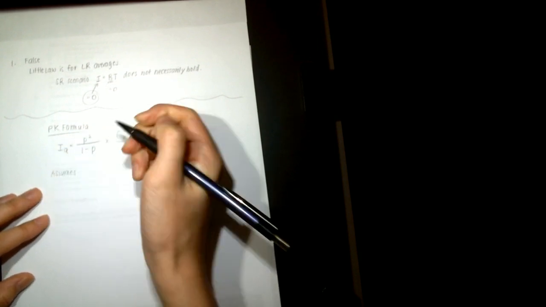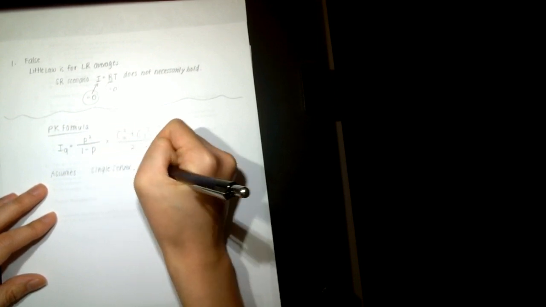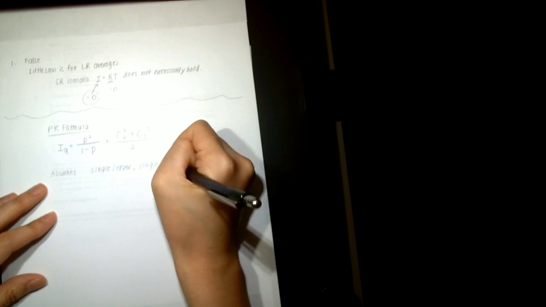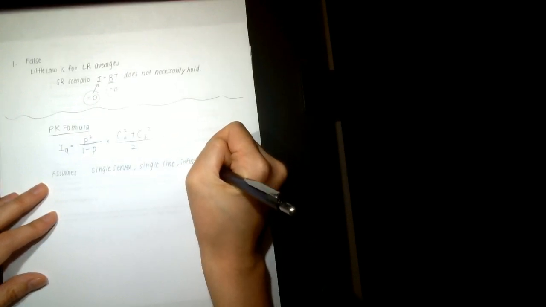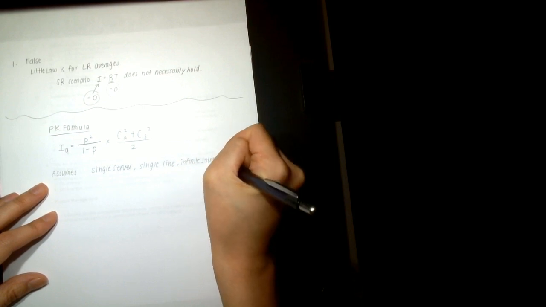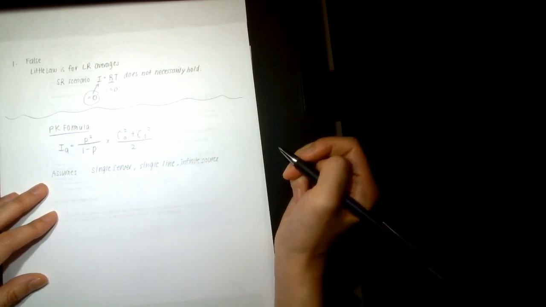The important thing to recognize when to use the PK formula is that it assumes a single server, a single lineup, and an infinite source. So an infinite number of customers can come to, for example, the store.